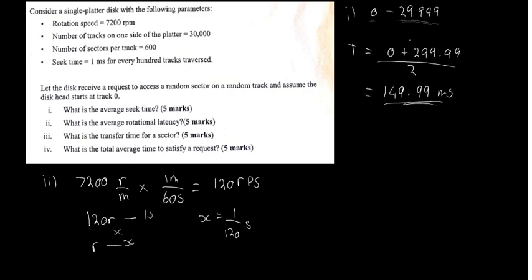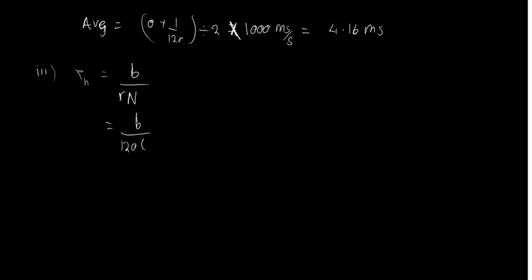What we have here is 600 sectors per track. Since we haven't been given the size of each sector, we're going to say 600 times B, because this B is the size of a sector.